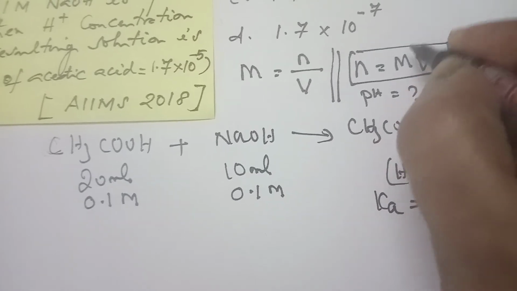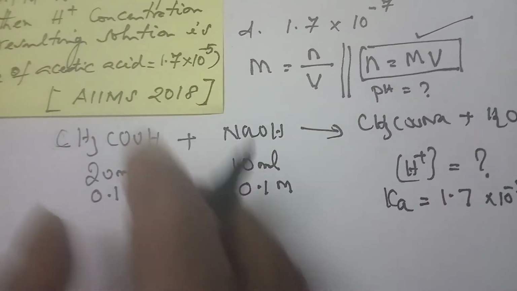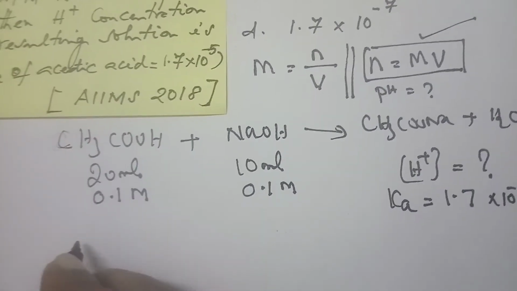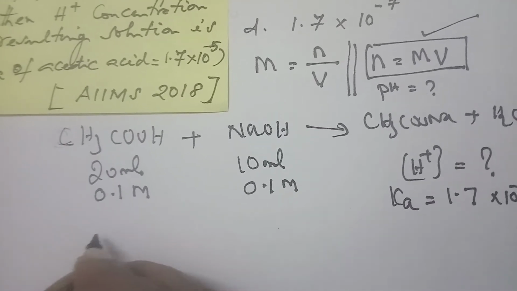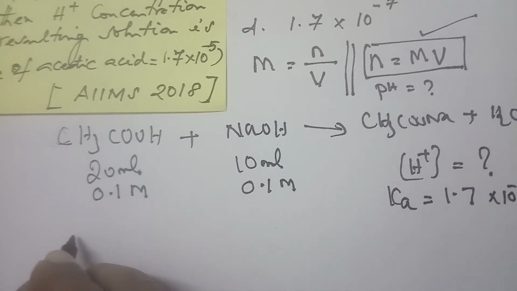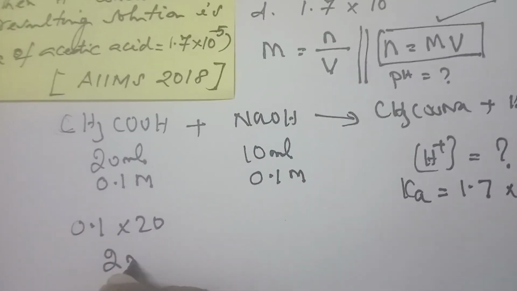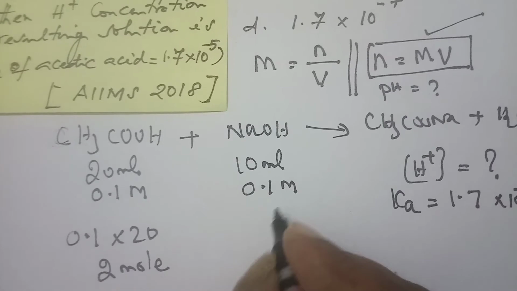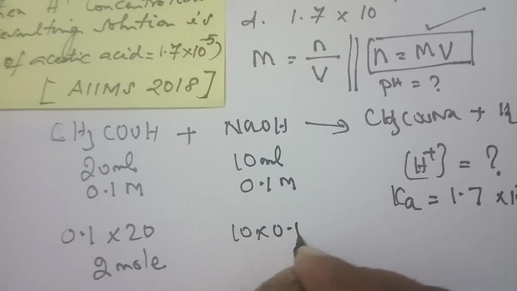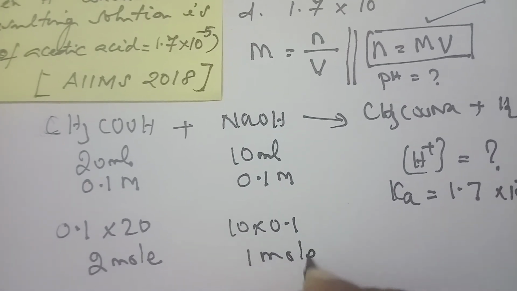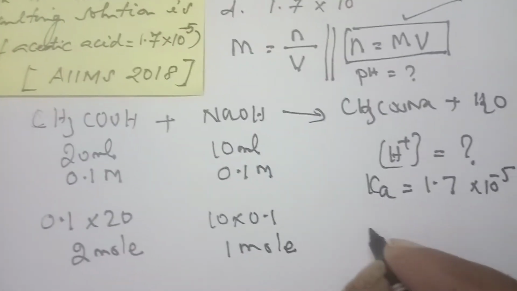First I am going to work on the number of moles. For acetic acid, number of moles is equal to molarity into volume, which is 0.1 into 20, so you have 2 moles. Here it is 10 into 0.1, so you have 1 mole of sodium hydroxide.